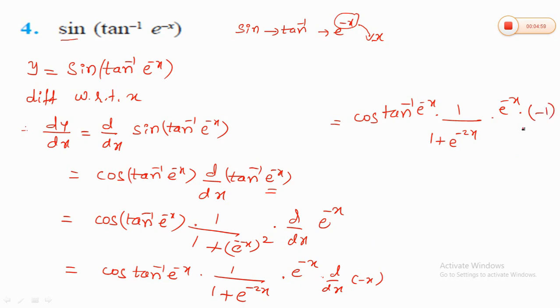So therefore this equals minus e raised to minus x divided by 1 plus e raised to minus 2x, this into cos of tan inverse of e raised to minus x, is the answer. This much is sufficient.